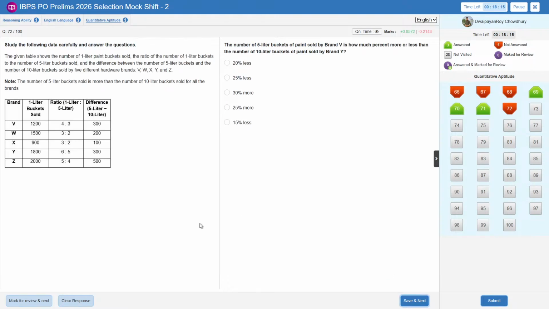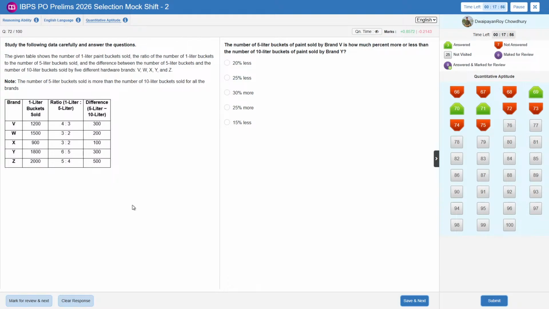Okay. 1 liter sold 1:5. Difference of 5 and 10 where 5 is sold more. So V, W, the questions are not that big, right? Yeah, doable.